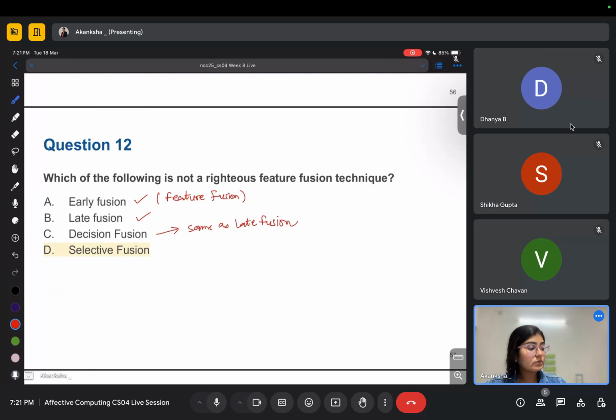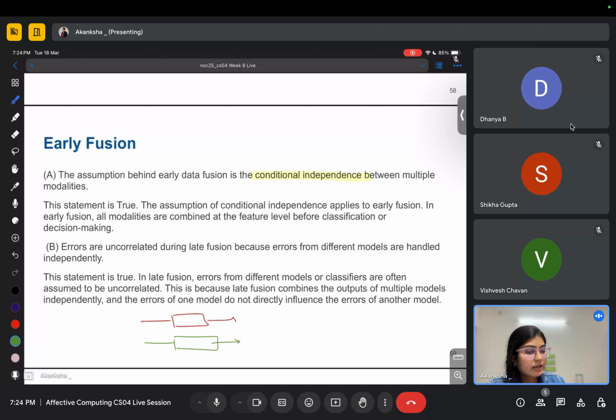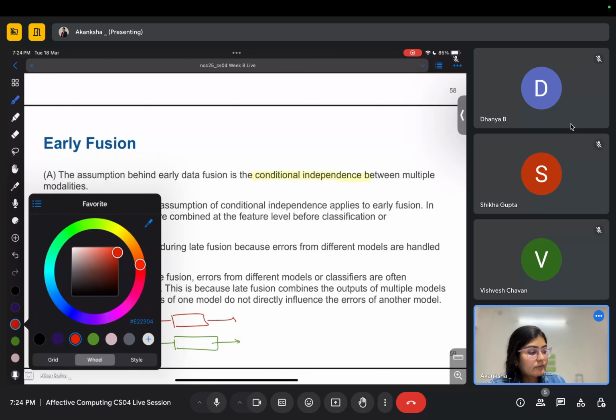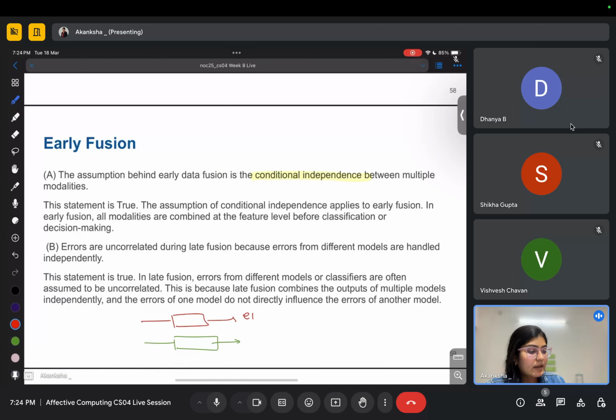Now, errors are uncorrelated during late fusion. This is also true because in late fusion every pipeline is independent. This is one pipeline, this is the second pipeline. Whenever we are training, this will have some kind of error E1, this will have some kind of error E2, and we are combining the scores.